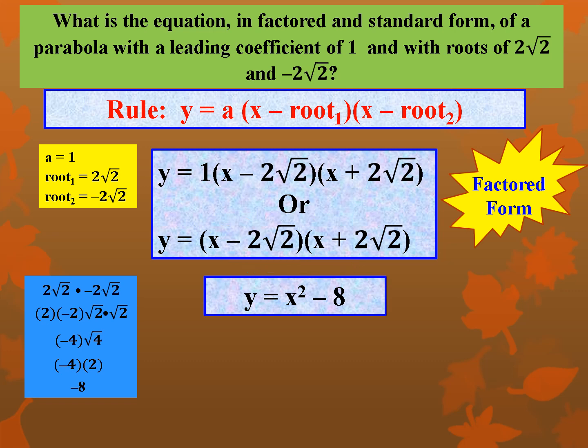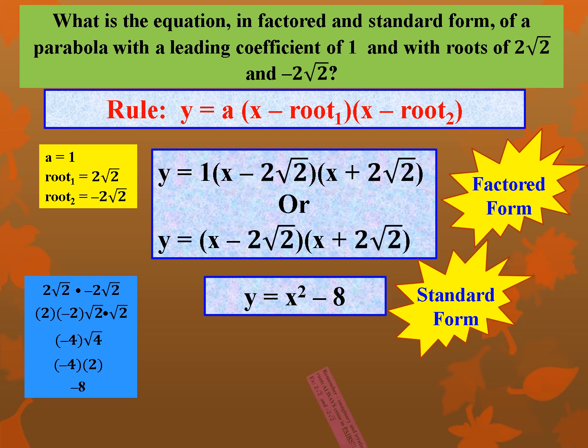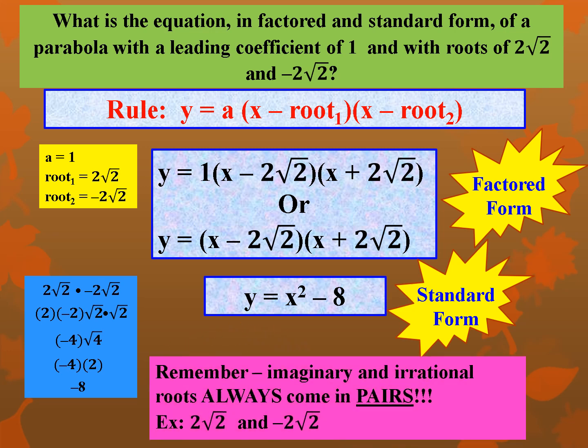So we have factored form up above, and there's standard form. Now, this is just a little preview of things to come, especially when we get to Unit 5B way after winter break. We're going to talk about this more as we get to Unit 5B. But just a little preview, imaginary and irrational roots always come in pairs.